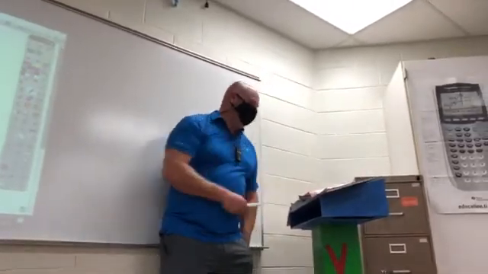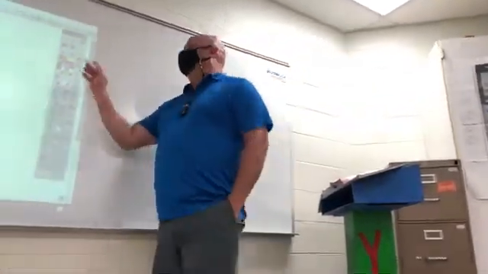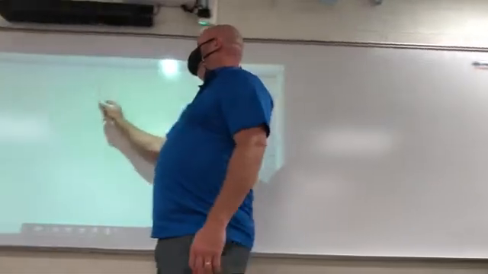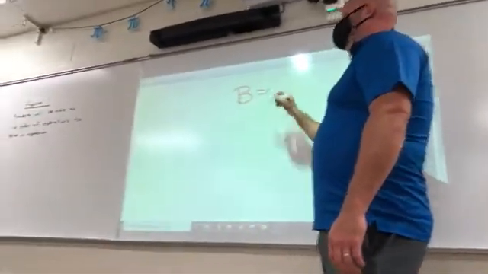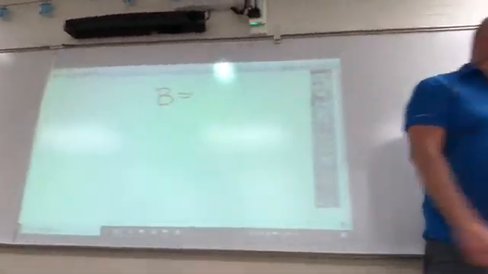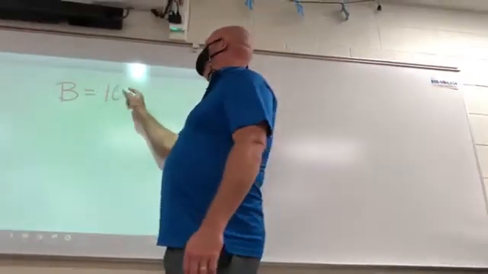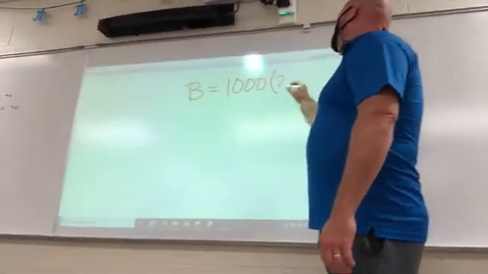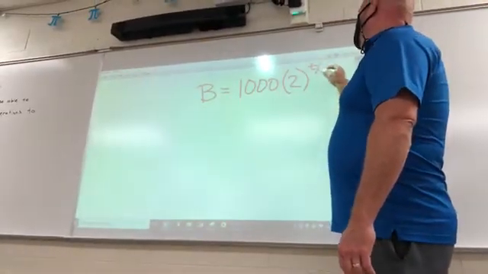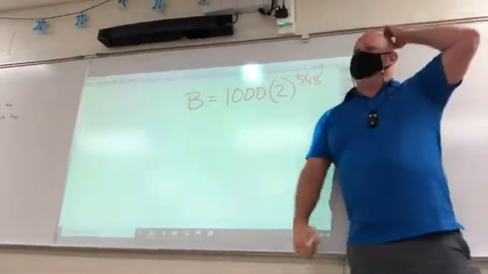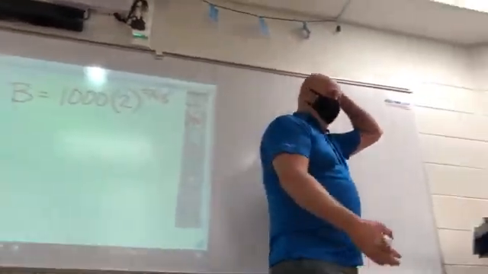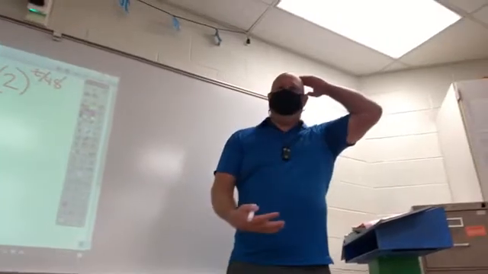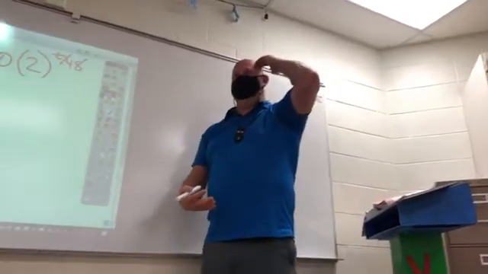If you look over at page 360, you will see a formula inside an example that looks like B equals 1,000 times 2 to the t over 48, right? This is one example of a bacterial growth formula.